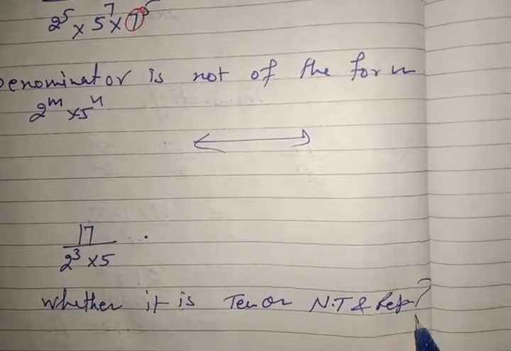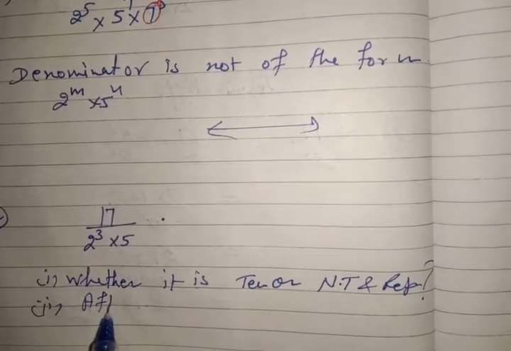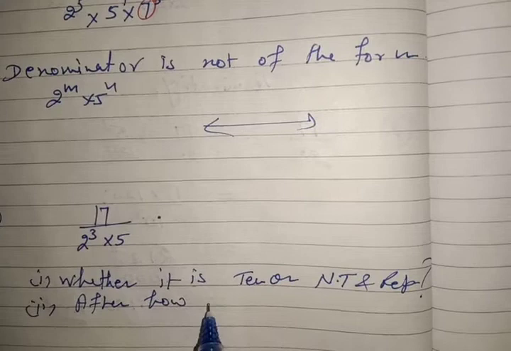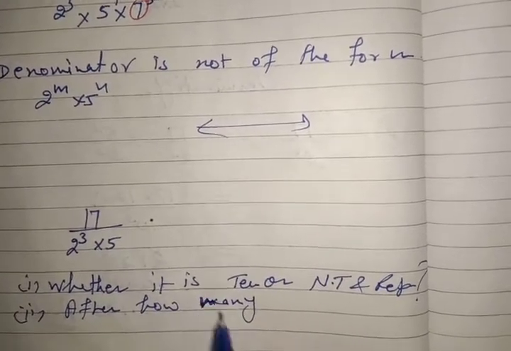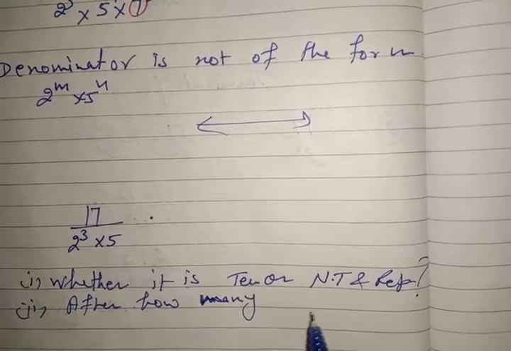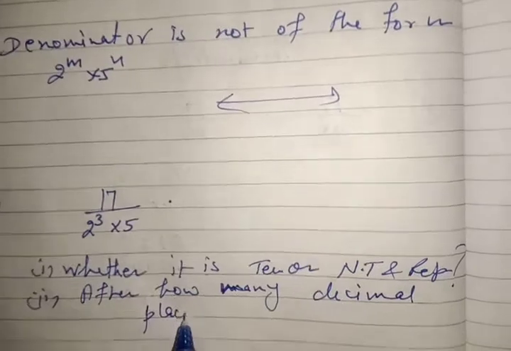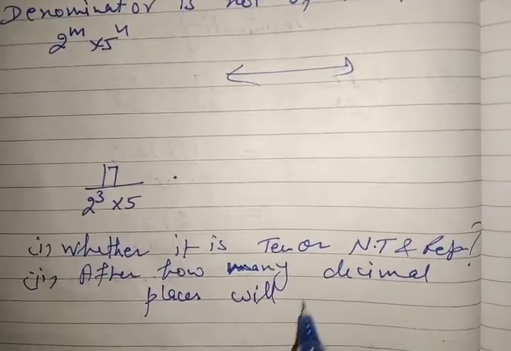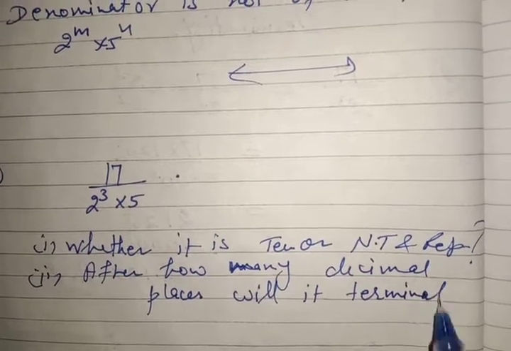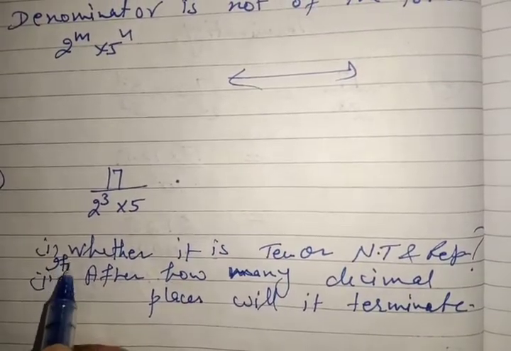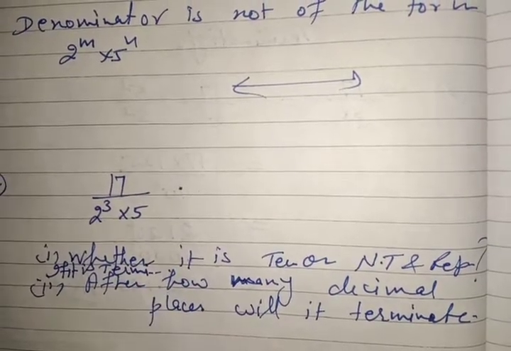The second part is after how many places. This is a very important question. This type of question is usually asked in the board exams. After how many decimal places will it terminate?